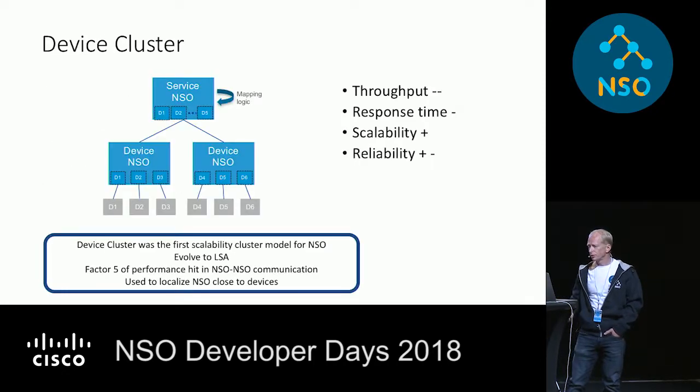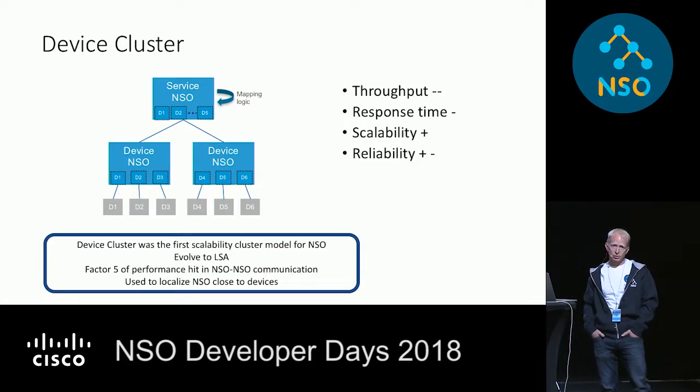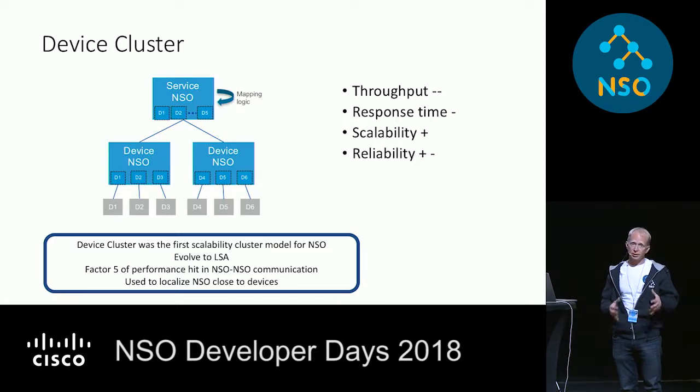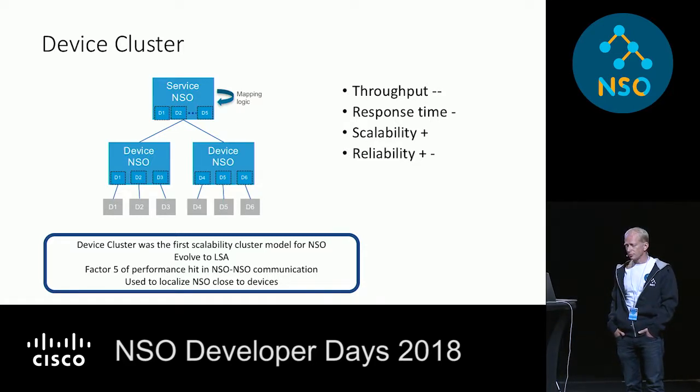So traditionally, we've had device clusters for scaling the number of devices. And they were good for a few things. But the driver for creating them was that we wanted to manage more devices than could be easily managed by a single NSO instance.